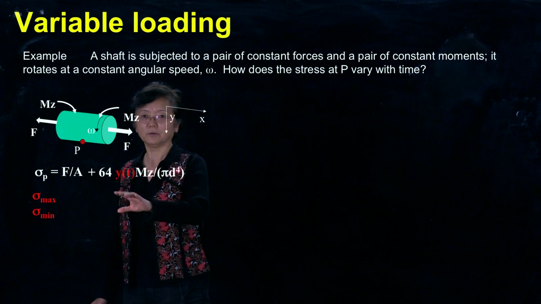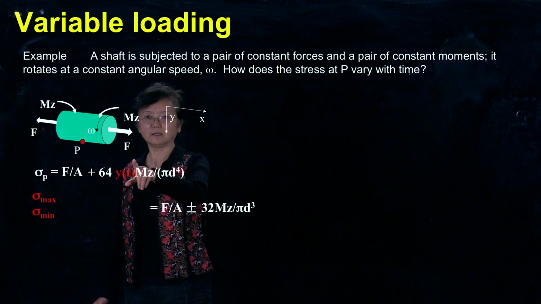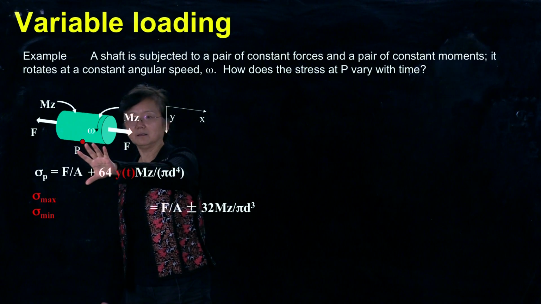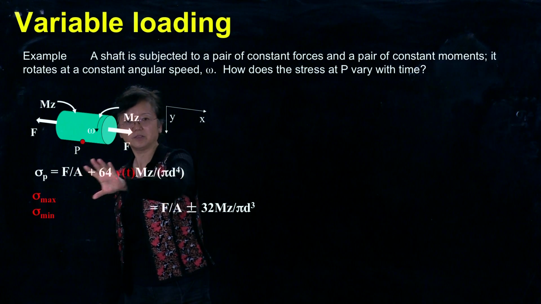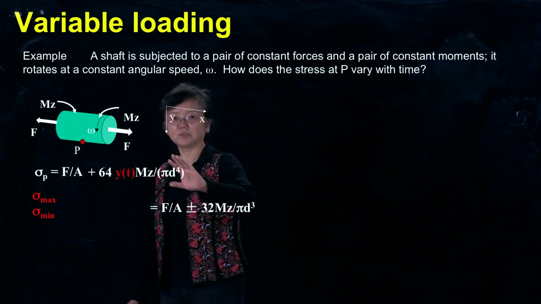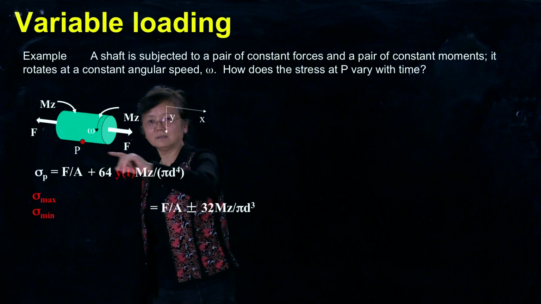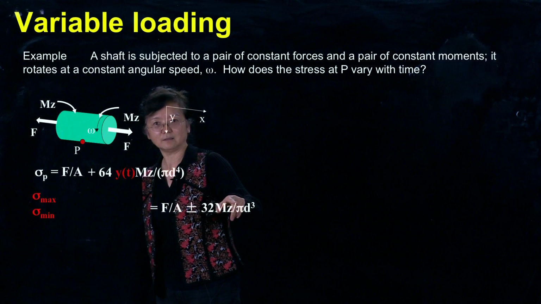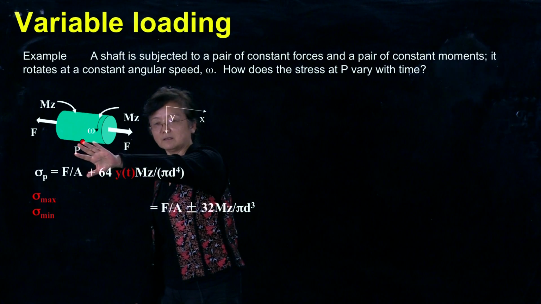As you can see, this first part doesn't change. It still stays here. But the second term goes to the tensile side, which is the plus side, when P is at the bottom.